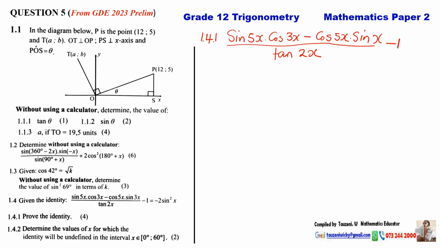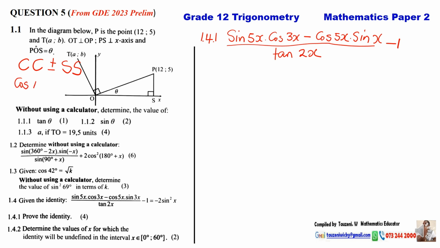Now, compound angles. Look at your expression. If you see an expression where it starts with cos followed by another cos, then plus or minus, sine and another sine, then this is definitely a compound angle for cos.